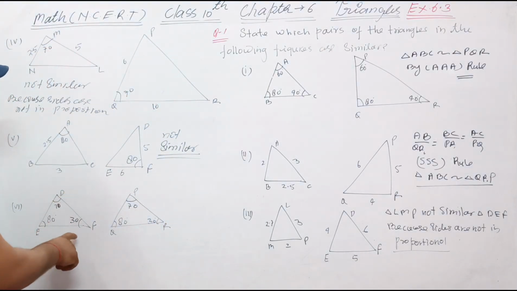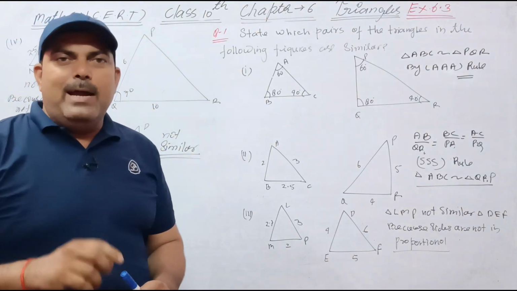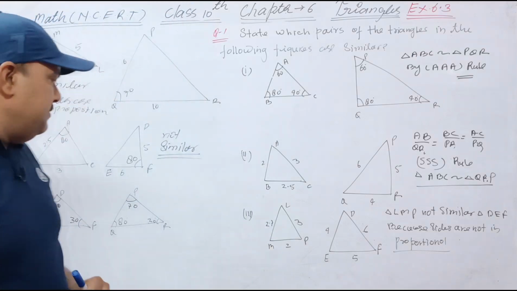That is, triangle DEF and triangle PQR are similar by the AAA criterion rule.